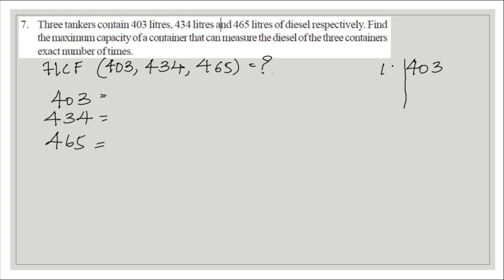It's divisible by 13. 13 threes are 39, 13 ones are 13, correct. So 31 one time, so it's written as 13 multiplied by 31.